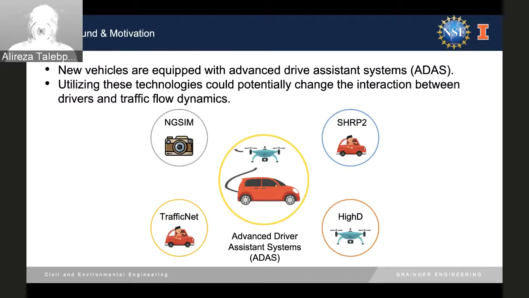And I'm going to introduce a new data set that we collected in Austin, and we're also doing a project sponsored by Federal Highway, collecting trajectory data in Chicago and Washington, D.C., and that is going to be an extensive trajectory data set with over 10 hours of trajectory data collected on highways.